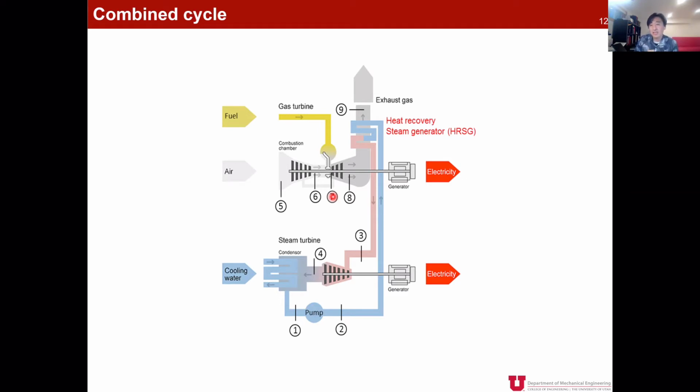So now, instead of using just one single cycle, what about combining two cycles? One cycle usually operates at high temperatures, while the other cycle operates at a relatively low temperature. That is the main idea. So now let's try to combine, for example, a gas turbine and a steam turbine.